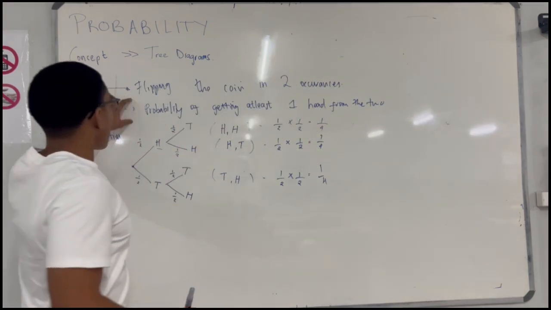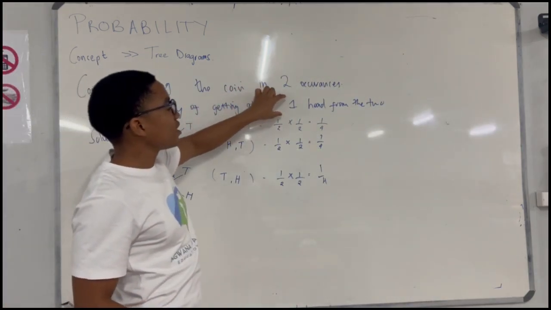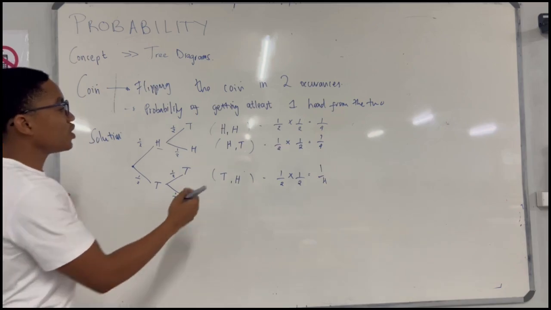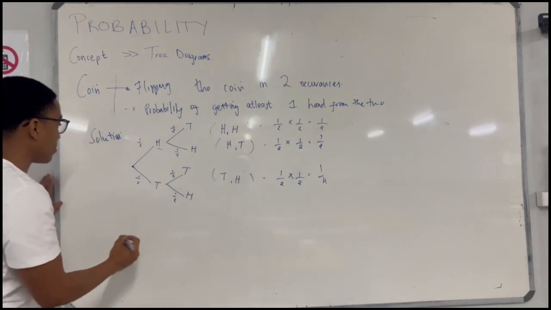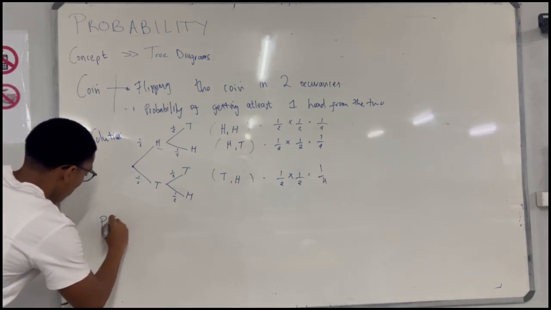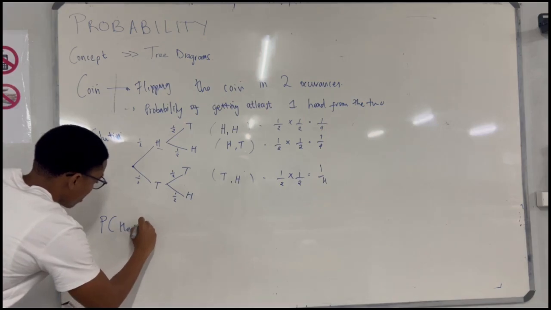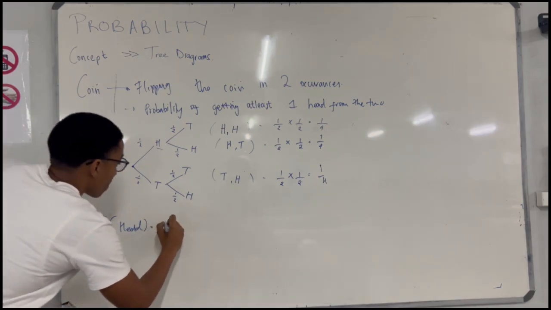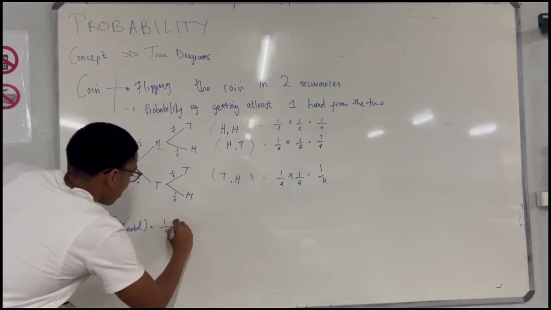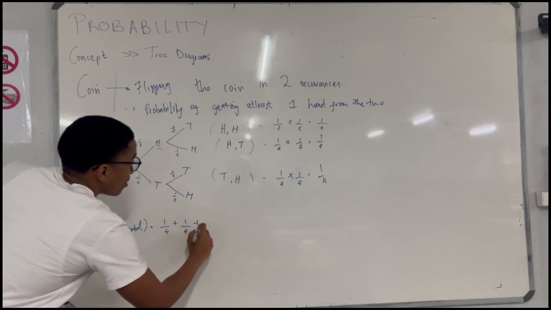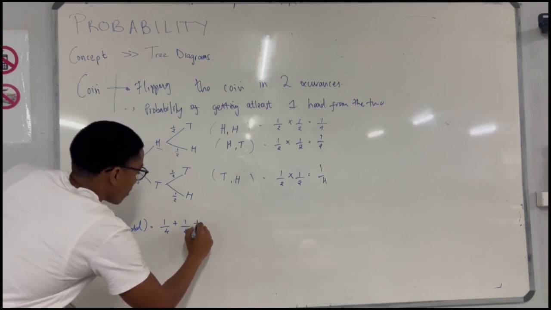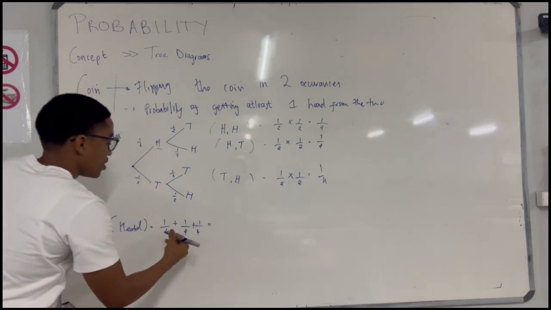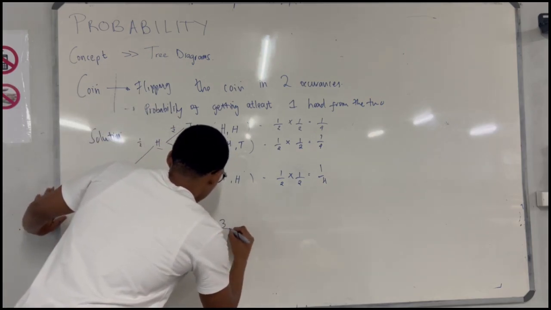To finally answer the question of the probability of getting at least one head from the two, we are going to add these individual probabilities. So it is going to be 1/4 plus 1/4 plus 1/4, which is going to give us 3 over 4.